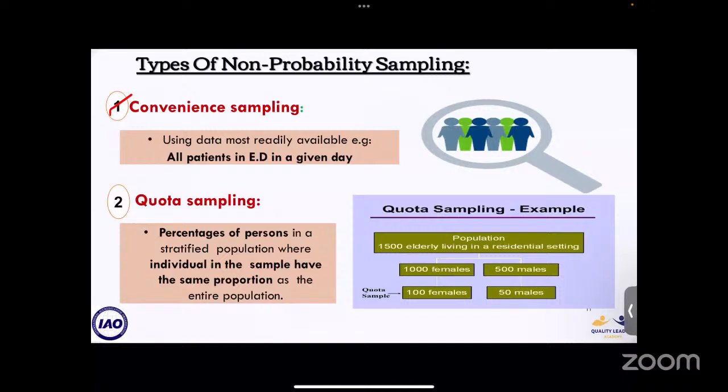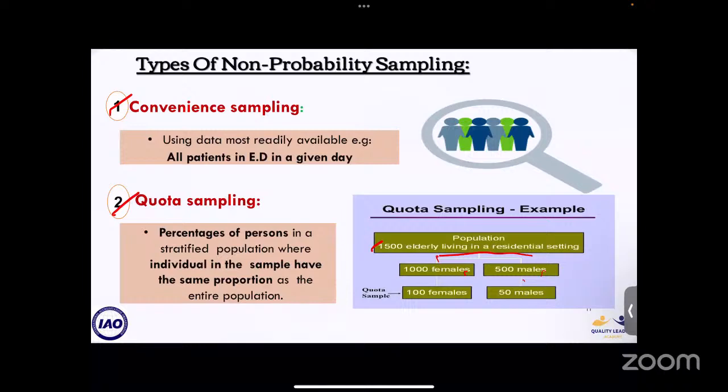Okay, the second type is quota sampling. When we say quota sampling, this involves taking a percentage. For example, if I have 1,500 elderly living in a residential setting, consisting of 1,000 females and 500 males, I will take a percentage from each group. The percentage remains fixed, but the numbers are not equal.